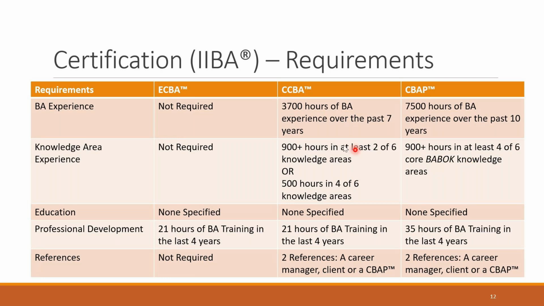For CCBA, they expect you to be a master in at least 2 of 6 with 900 plus hours of experience, or with 500 hours in 4 of 6. That means based on those 6 knowledge areas, they'll be asking you questions, and you must be able to successfully clear at least 2 or at least 4 of those 6 knowledge areas to finally clear the examination.